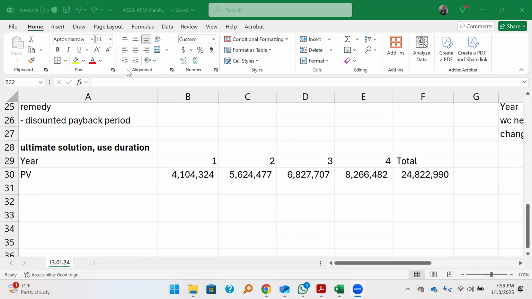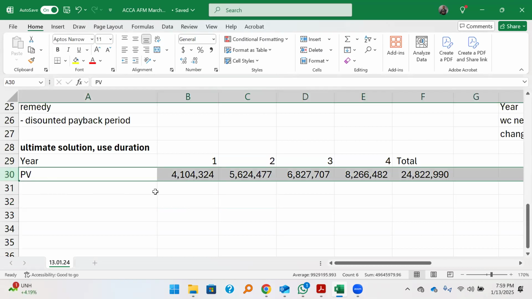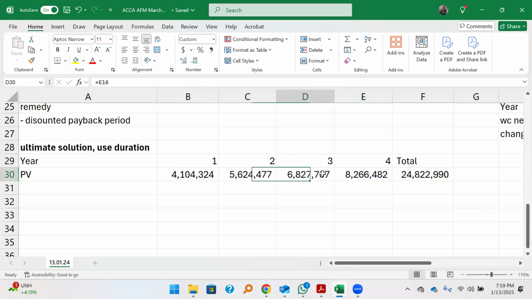Okay, so let me just repeat a little bit because I lost you and I don't know where I lost. So what I've done so far is to bring the present values, okay, for each of these 4 years.